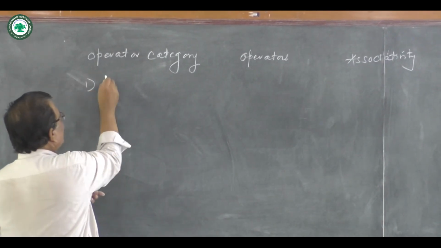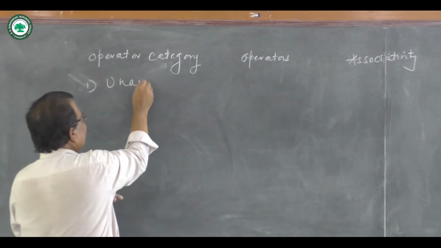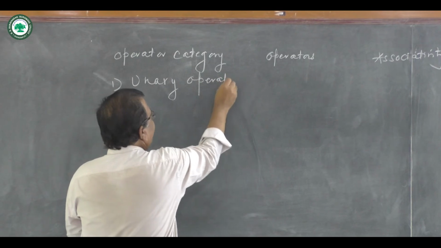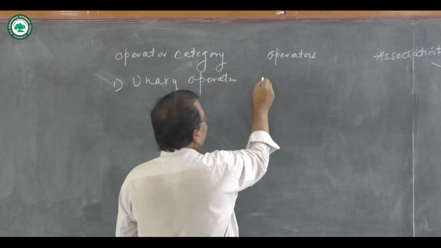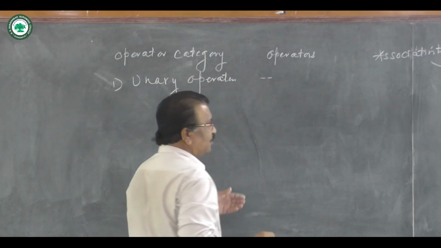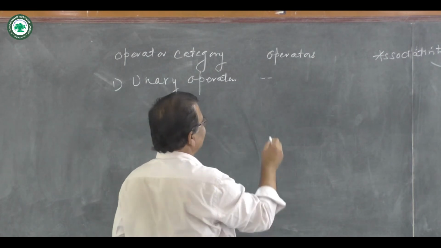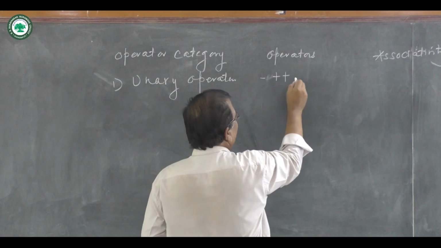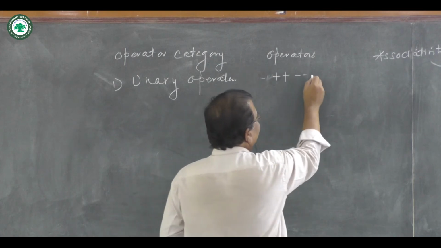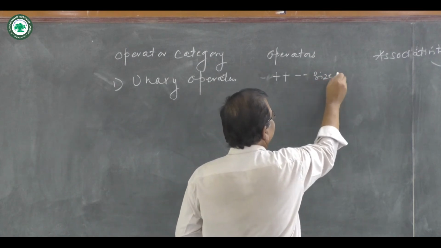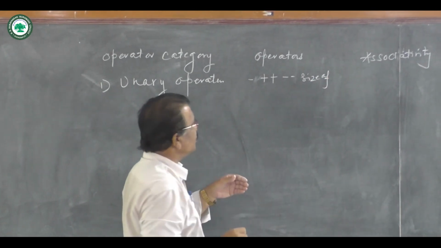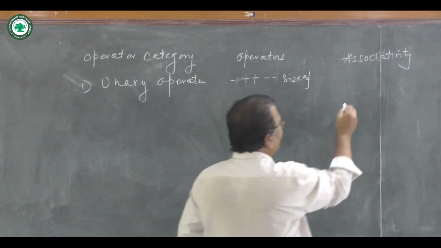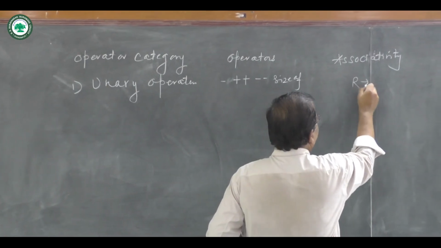goes to unary operators. Unary operators are unary minus, unary plus, which has no significance as such, then increment operator, decrement operator, and sizeof operator. These are the unary operators. Their associativity is from right to left.